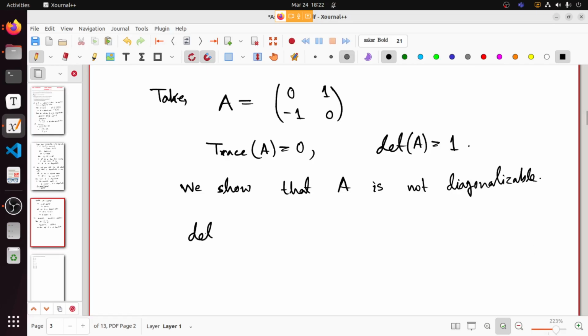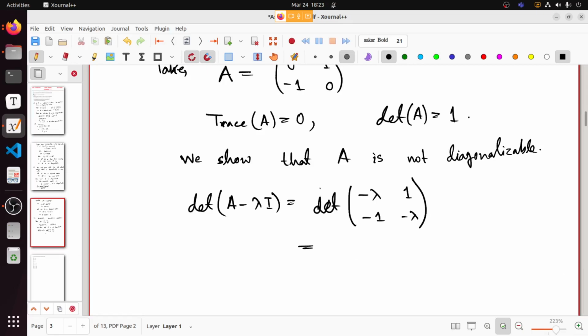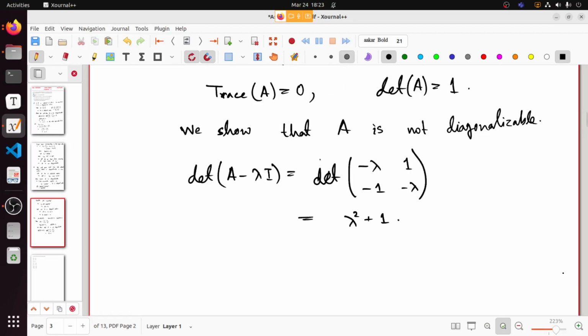Determinant of A minus lambda I is the determinant of minus lambda, 1, minus 1, minus lambda, so lambda squared plus 1. Its characteristic polynomial is lambda squared plus 1, so you can see that it does not have any real root, which implies that this matrix A does not have any real eigenvalues.